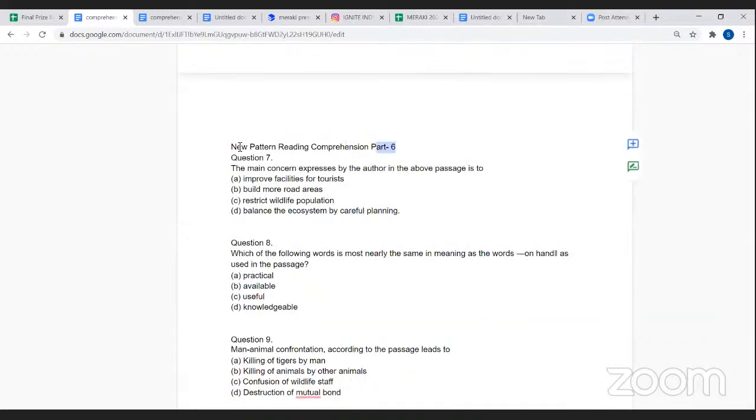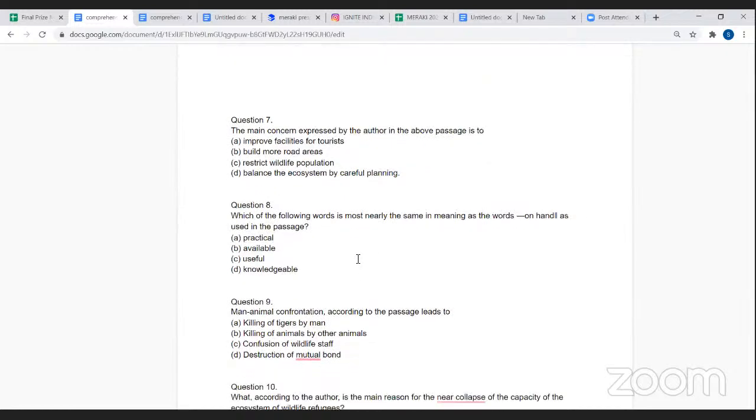The main concern expressed by the author in the above passage is to. D, B or A. It's balance the ecosystem by careful planning. Yeah, D. D.